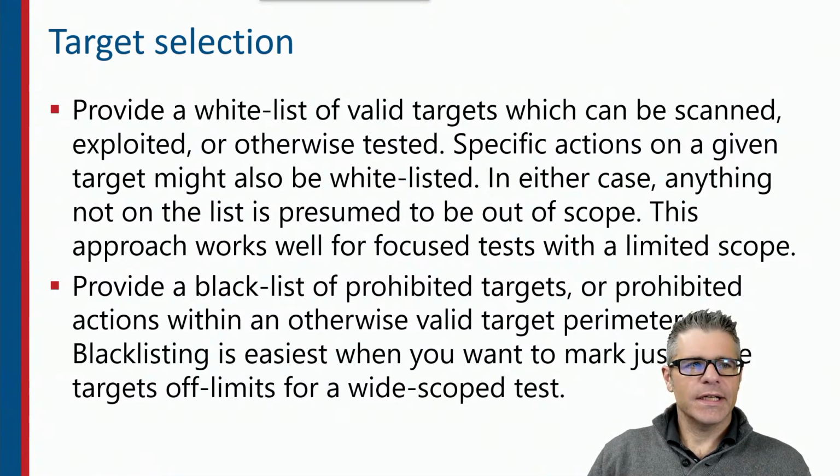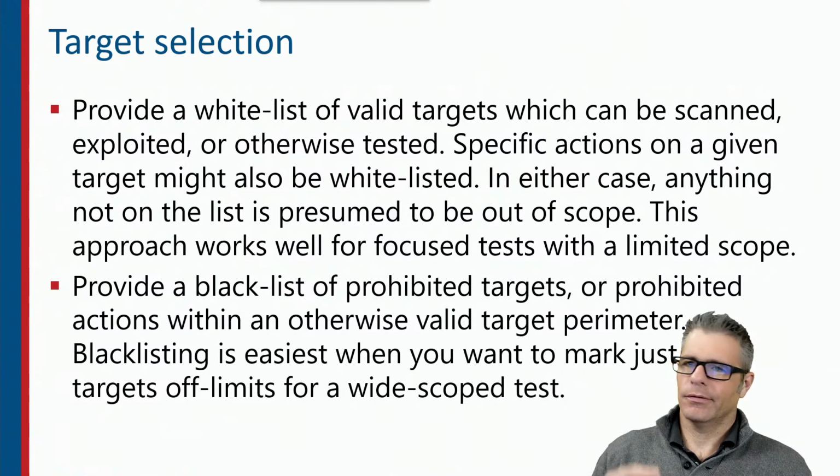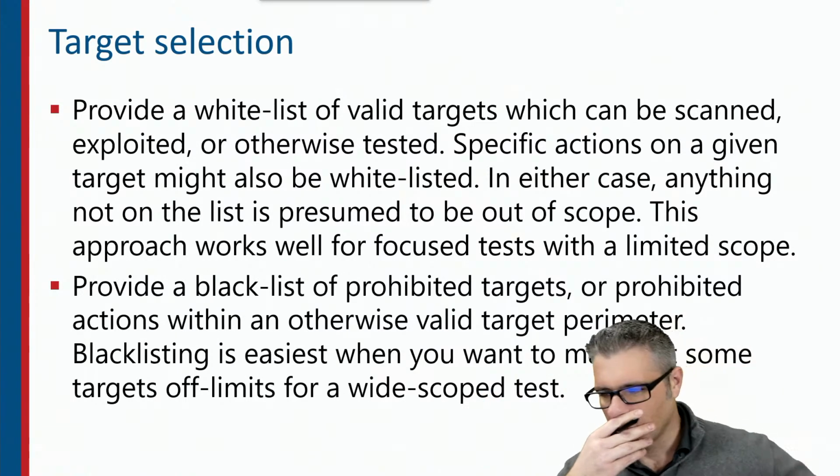So ideally, you can work target selection a couple of ways. You could have the client go through and whitelist things that are inside a scope. So these are the things that you are allowed to get to, and do that by IP address, by MAC address, maybe wireless access points that are in scope, ranges of IP addresses, that sort of thing.